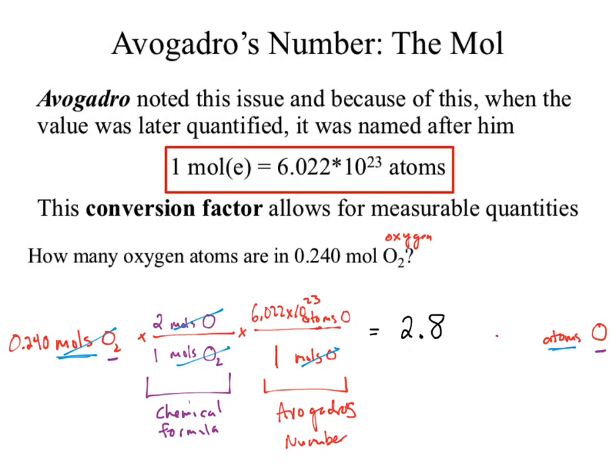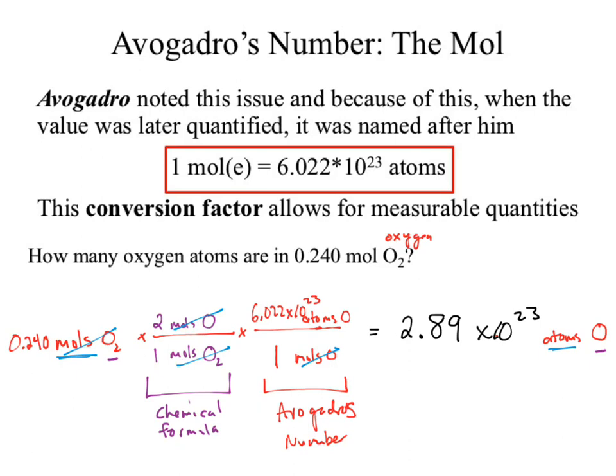Yeah, 2.89 times 10 to the 23rd. One thing to consider here, since we're looking at atoms, are atoms really, really, really small? Yeah, so if I'm going to look at the number of atoms, more than likely the number of atoms I would be looking at should be really big. Why?